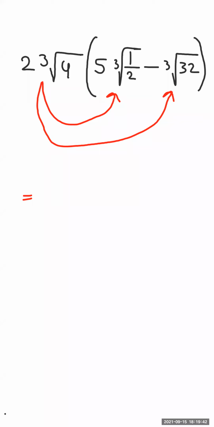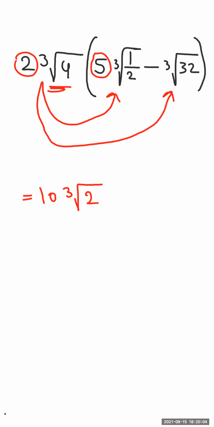Here, I find that if I multiply 2 times 5, it equals 10. Then cubic root of 4 times cubic root of 1 over 2 means cubic root of 4 over 2, which is cubic root of 2. So no need to change the denominator in this case, right?